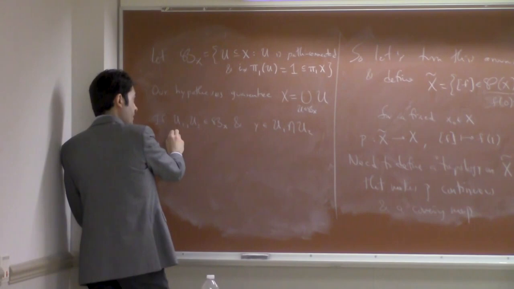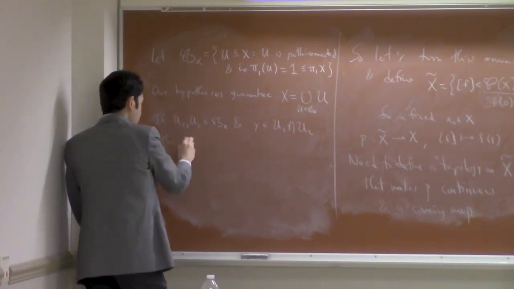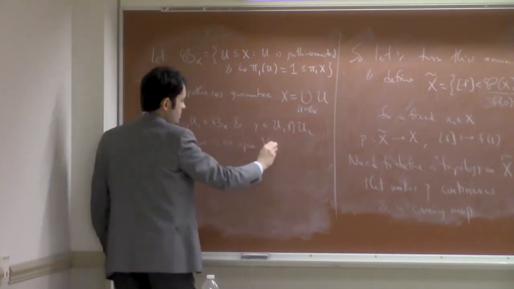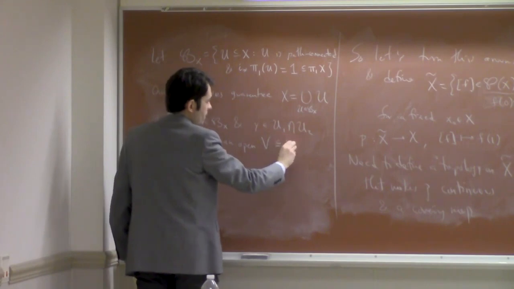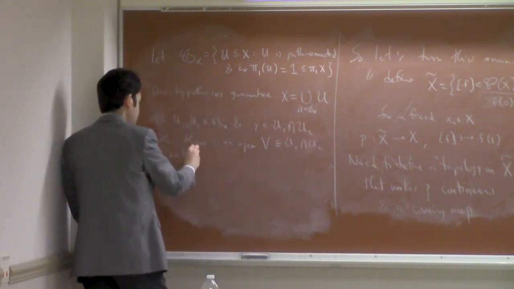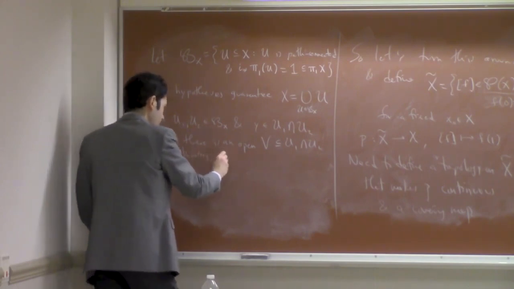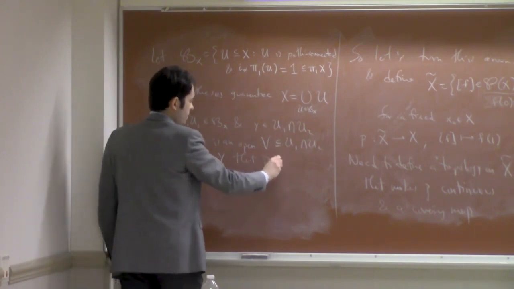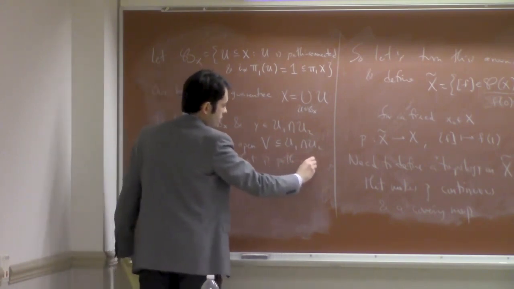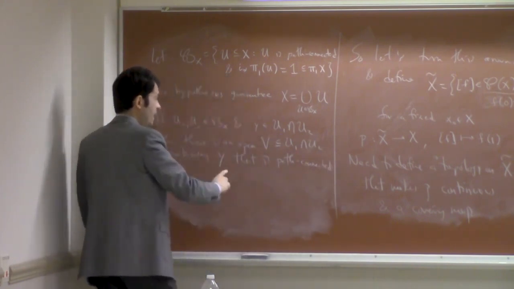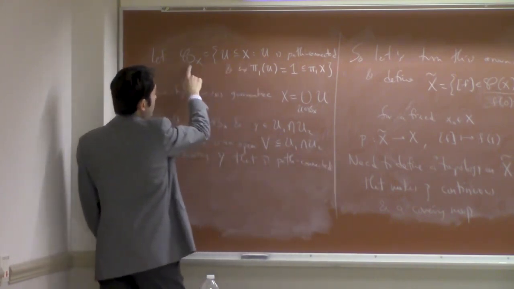So then there is an open set inside this containing Y that is path connected. Okay, so great. That's almost enough to be in here.